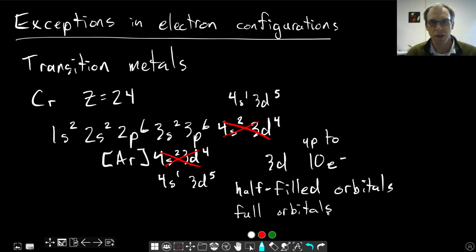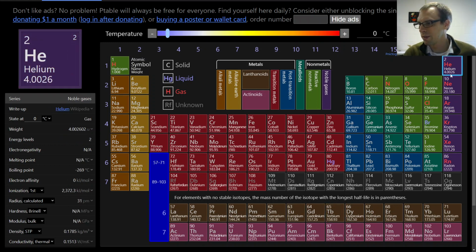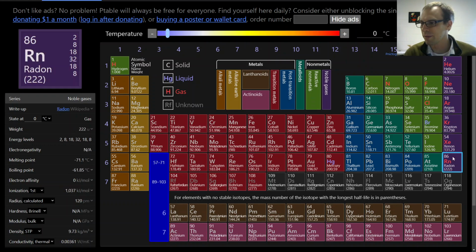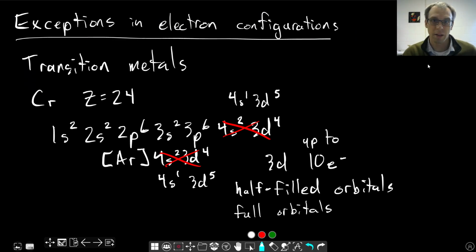The full orbitals are the reason why all of our noble gases don't react with other things. They're in a lower energy state. And a lot of what happens in chemistry is because everything else wants to be like those. We'll talk more about that in the next chapter.